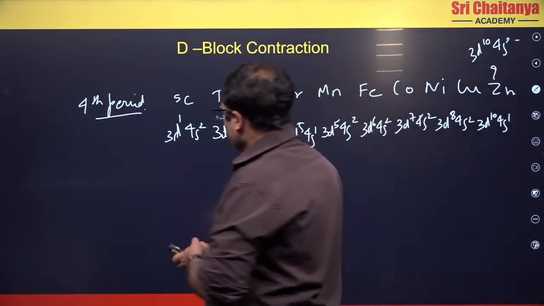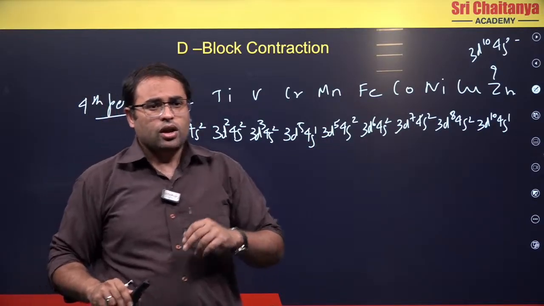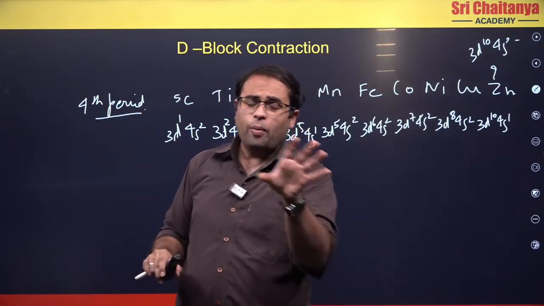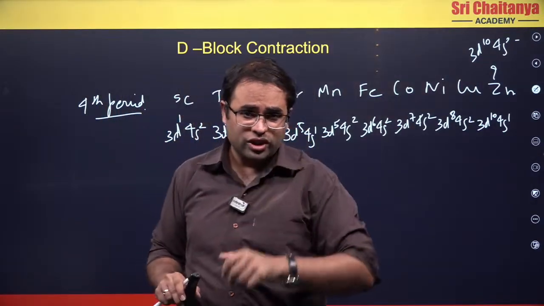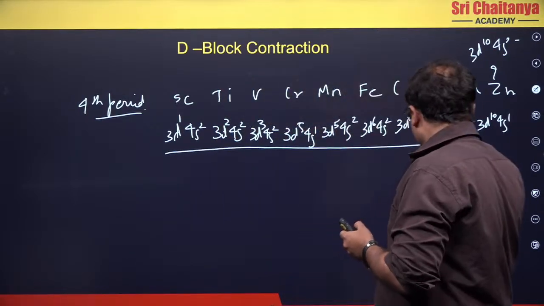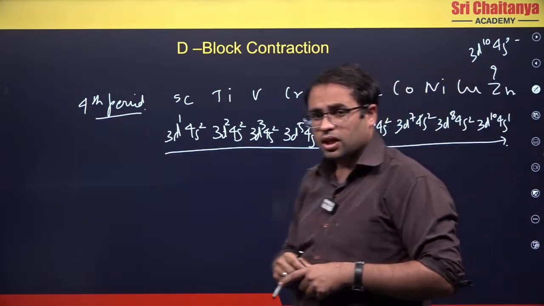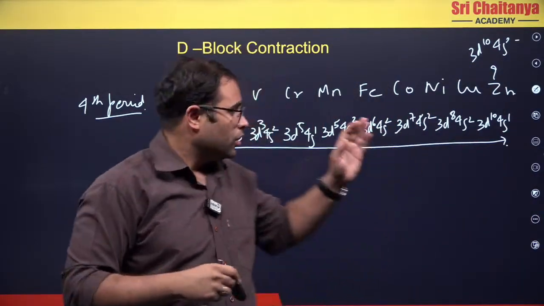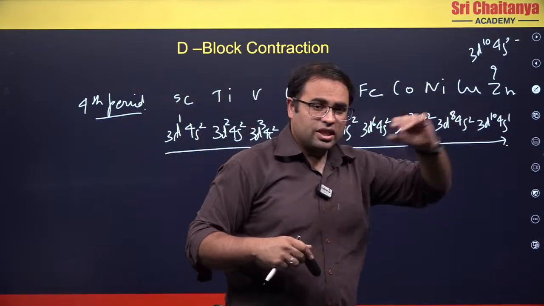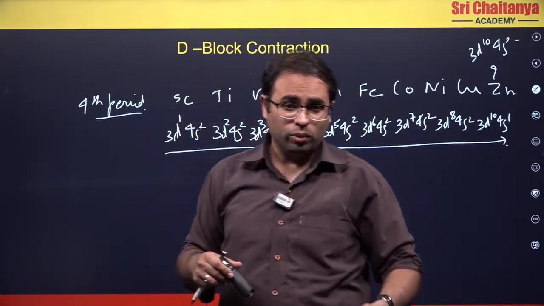So you can see the inner d orbital is getting filled. Because of this d orbital getting filled and d being a poor shielder, you will see that the size of the elements in this series keeps on decreasing, and that decrease is much more than normal.